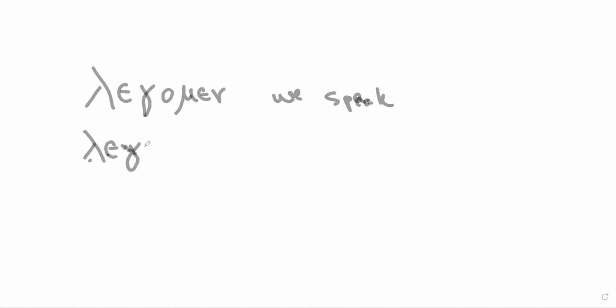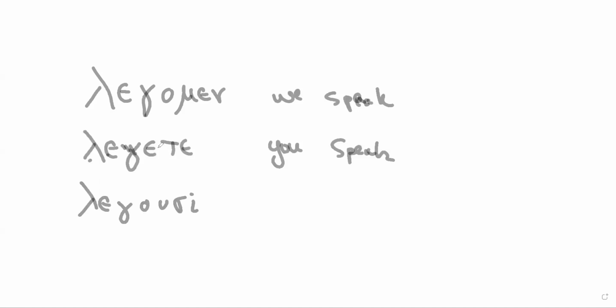That's a pretty sloppy one. But you would put the eta on the end, and that would be you speak. And then lastly, they speak would be legousi. And that would be they speak. And so that's really all you want to do with the verb.